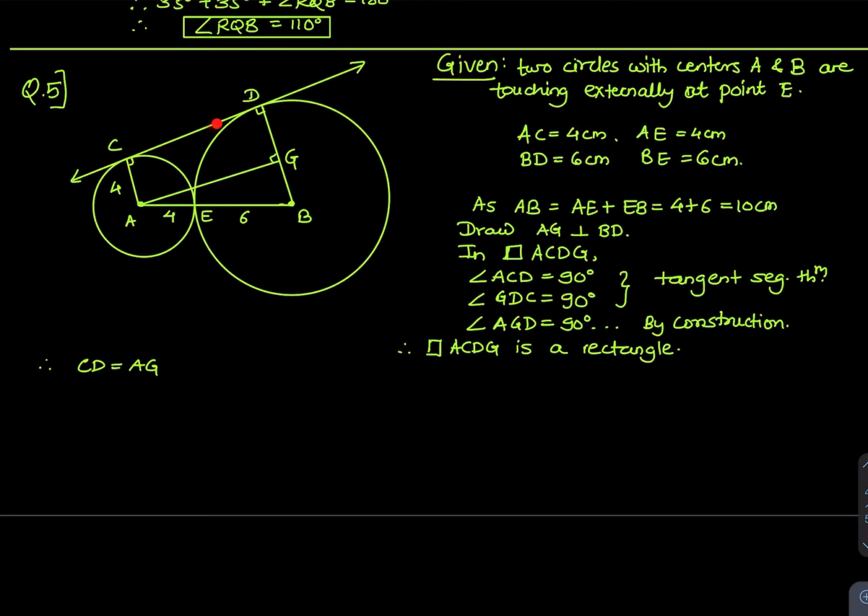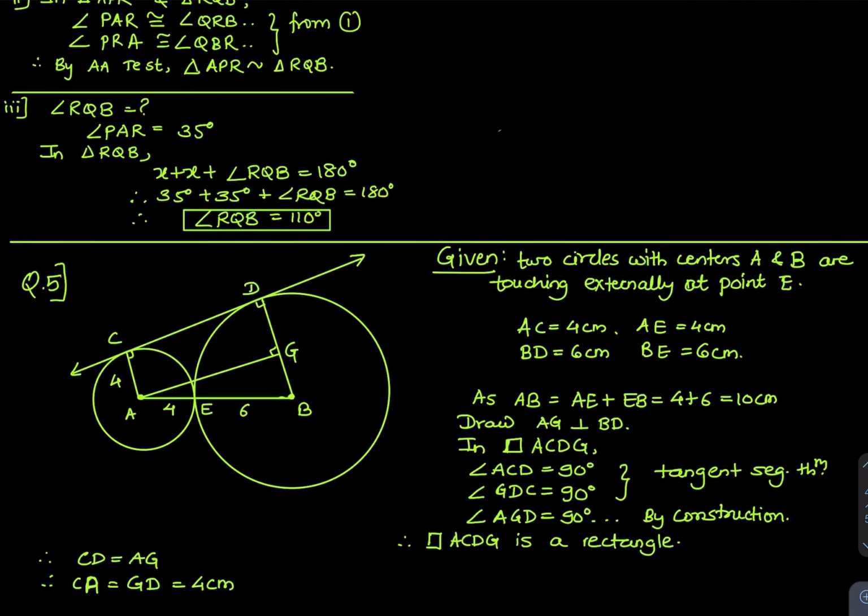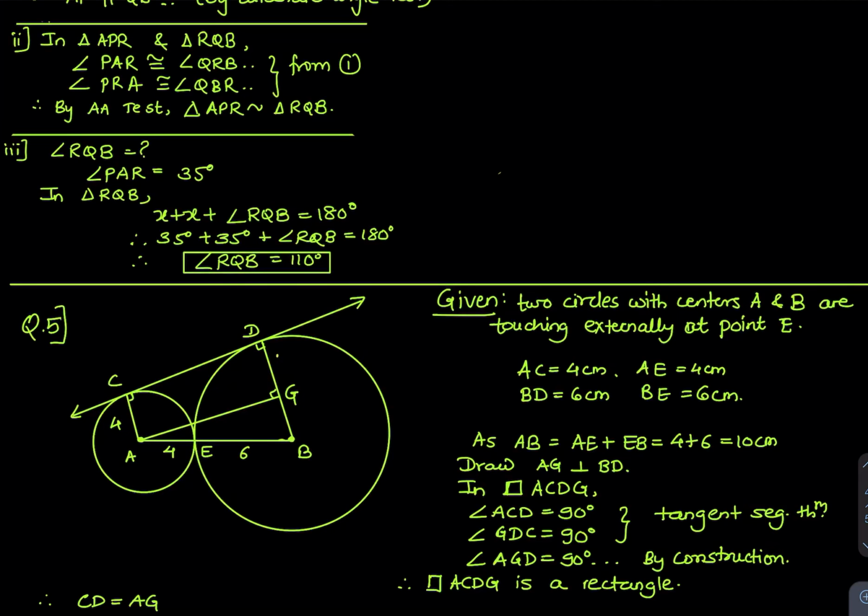So CD is congruent to AG and AC is congruent to GD. So GD will be 4 centimeters. See here, this is 4 centimeters, this is 2 centimeters.